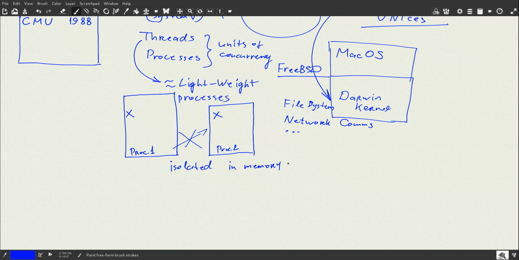How it is done, there are several techniques. In modern operating systems, this is typically done through the mechanisms of virtual memory. Don't confuse virtual memory with, let's say, virtualization of CPUs, which is a completely different concept.